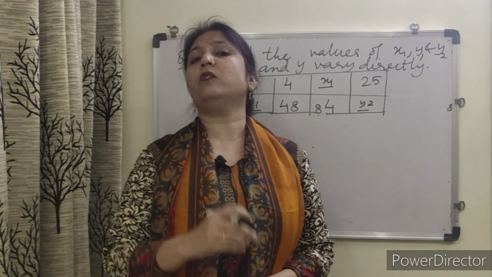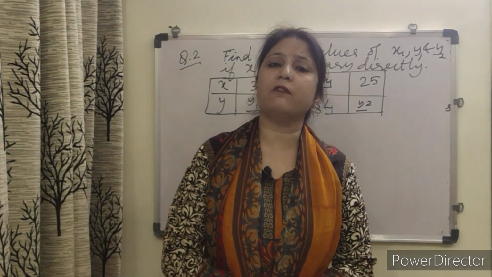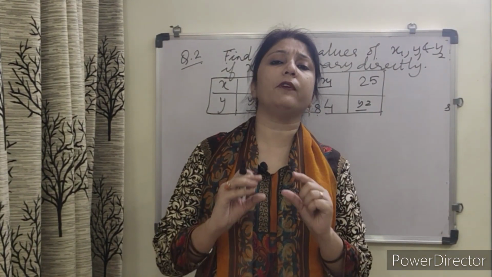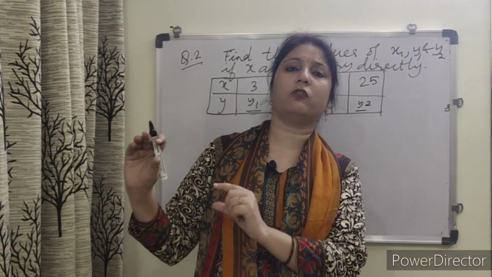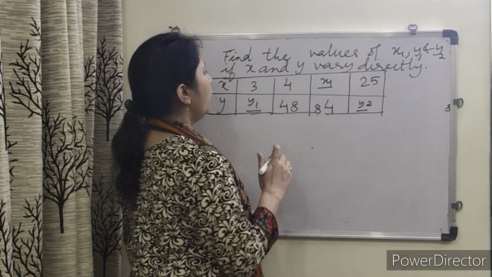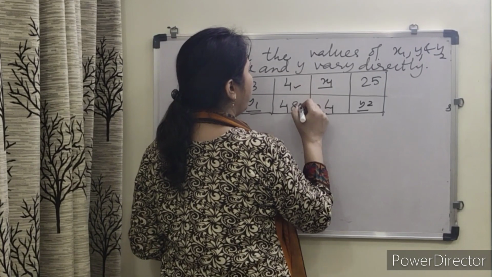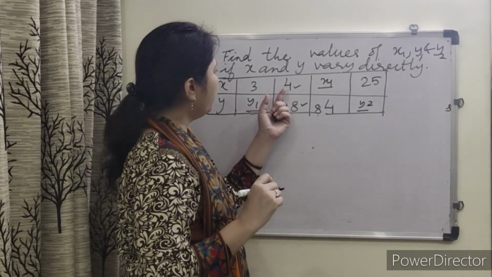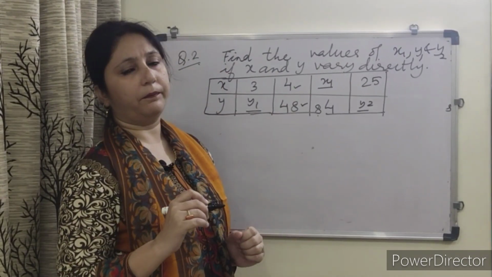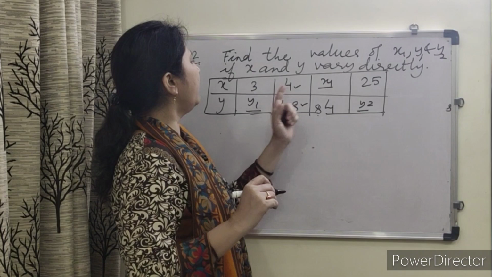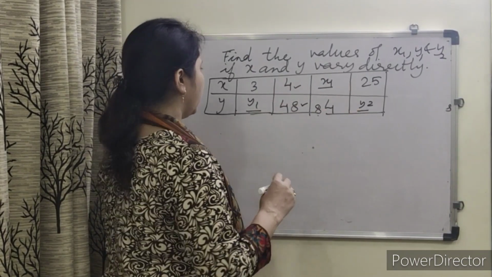As x and y are varying directly, the ratio of x and y will remain constant throughout the table. So first we look for the values where both x and y are given to us. That is 4/48. So we take this ratio and equate it with the unknown ones.